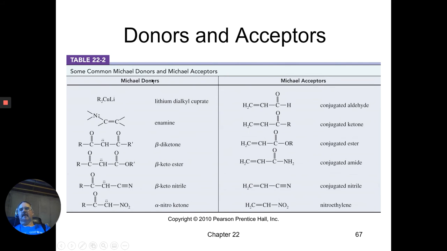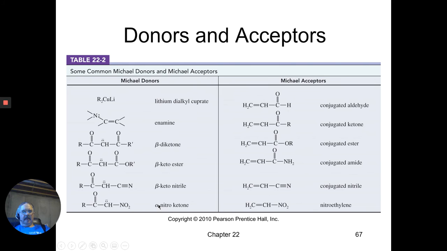These are acceptors and donors that promote the Michael or 1,4 addition. These are softer nucleophiles, that is, the negative charge is more spread out.